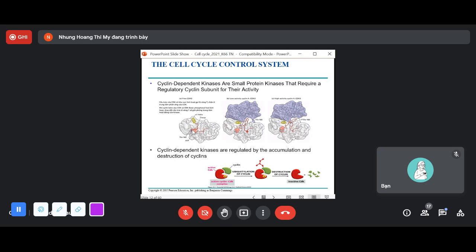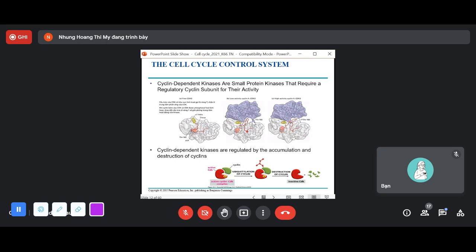Now you see the T loop change from this conformation to another conformation, and with the new conformation, the ATP binding site on the CDK is exposed. So that is the purpose of the binding between the cyclin and the CDK, to control the activity of the CDK molecule.